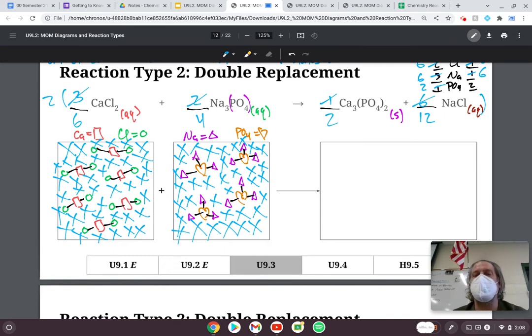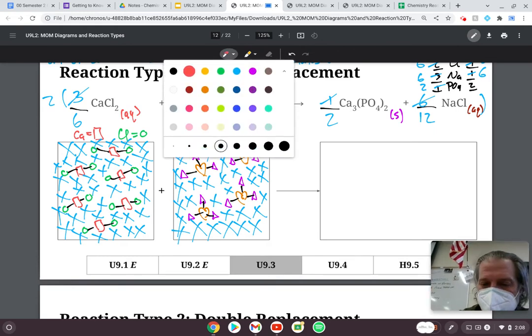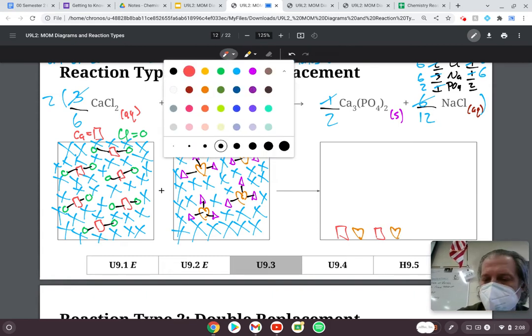Now, the next one, I'm going to try to show the fact that Ca3(PO4)2 is indeed this white solid, okay? And the way that we draw a solid is that all of the components are touching and organized. So in this case, I'm going to draw my solid to look something like this. So it's like square, heart, square, heart, square, right?